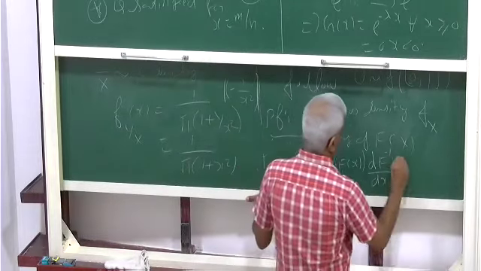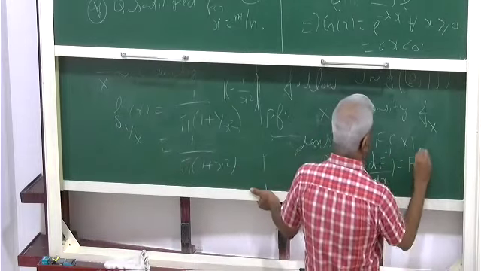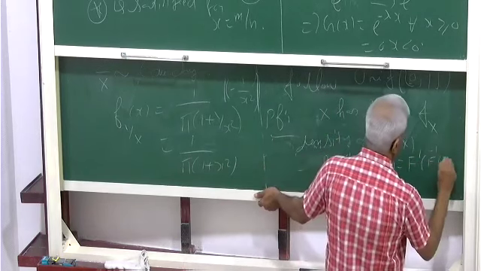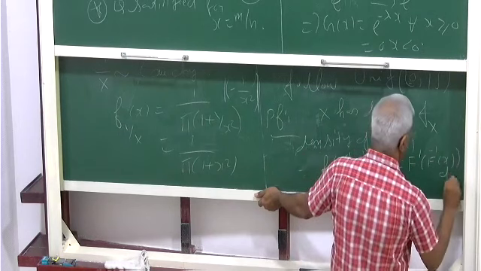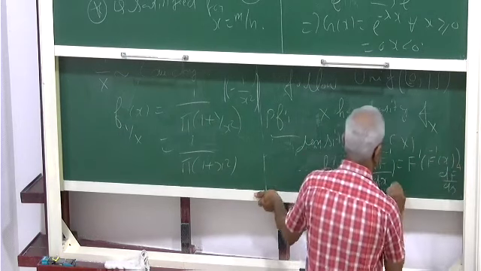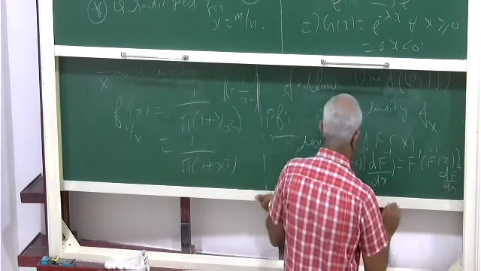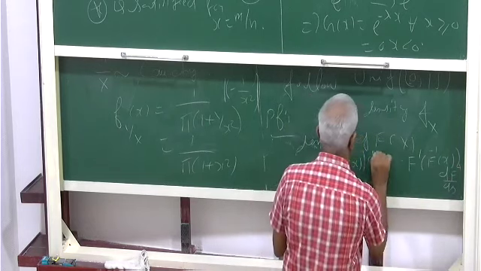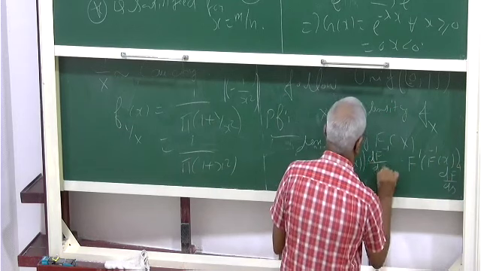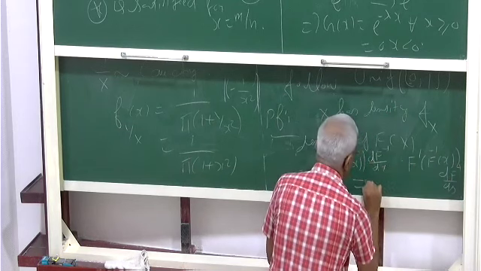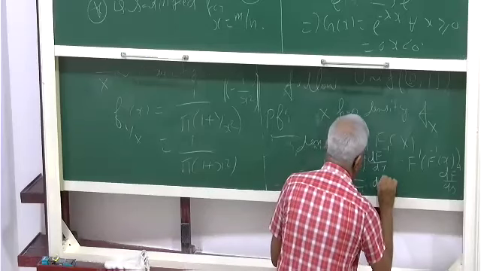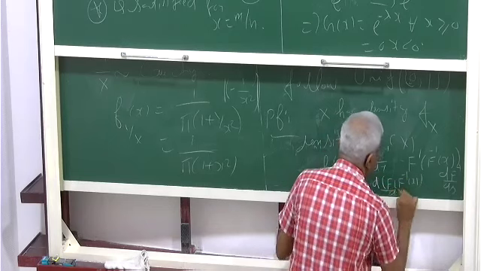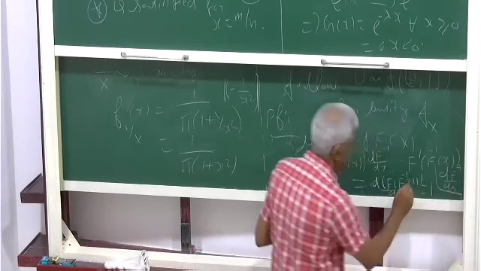But then this f prime, here also at f inverse of x, then d f inverse by dx. This is just dx by dx equal to 1.